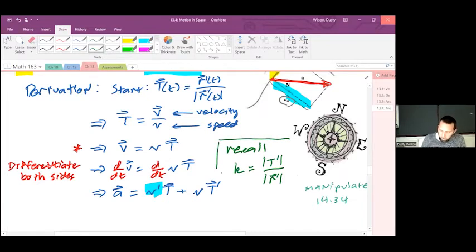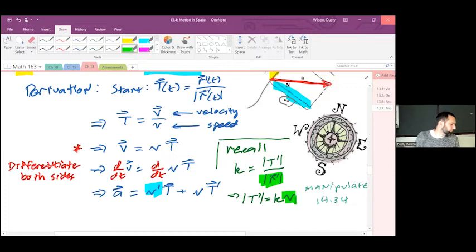We could then solve for the magnitude of T prime. And so we get that. So this tells us that the magnitude of T prime is equal to kappa times the speed function. Notice here, magnitude of r prime, that's our speed function showing up again.